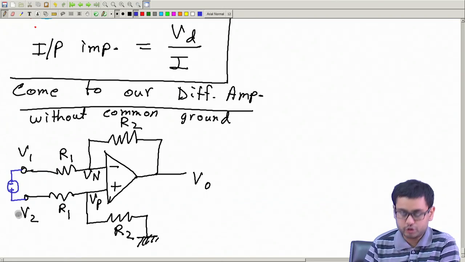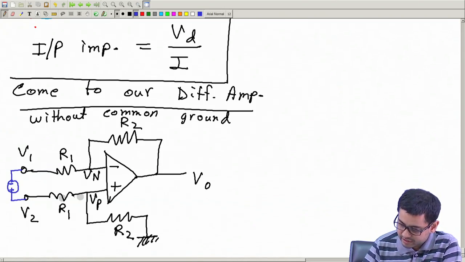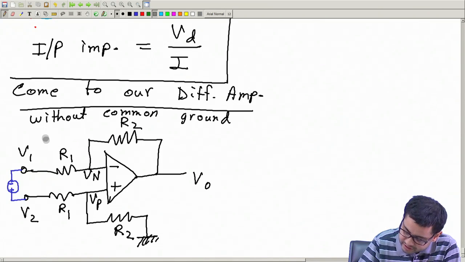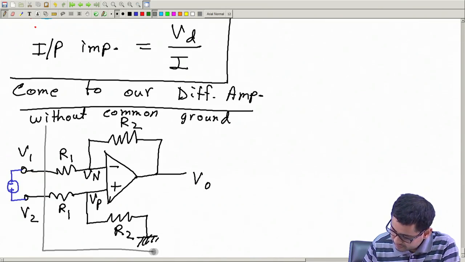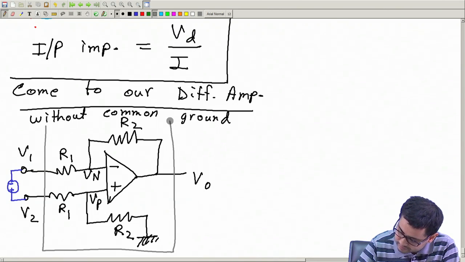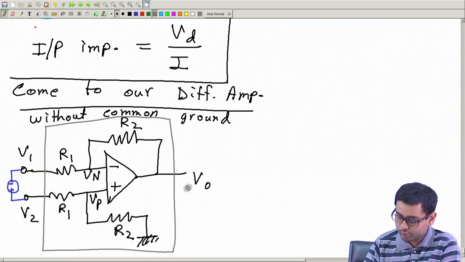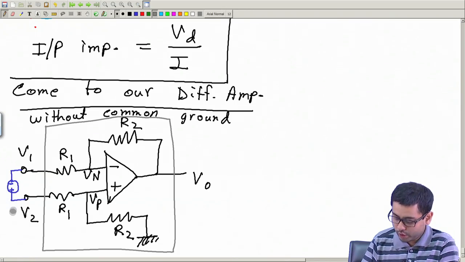So this is the input, and this is the output, and the circuit I will seal in a box. It has two input terminals, one output, and I connect a differential input without any common ground like this.